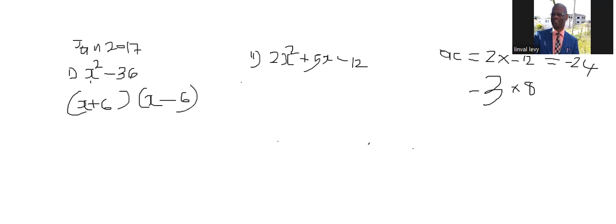So we're going to replace 5x with negative 3x plus 8x, so 2x squared minus 3x plus 5x.